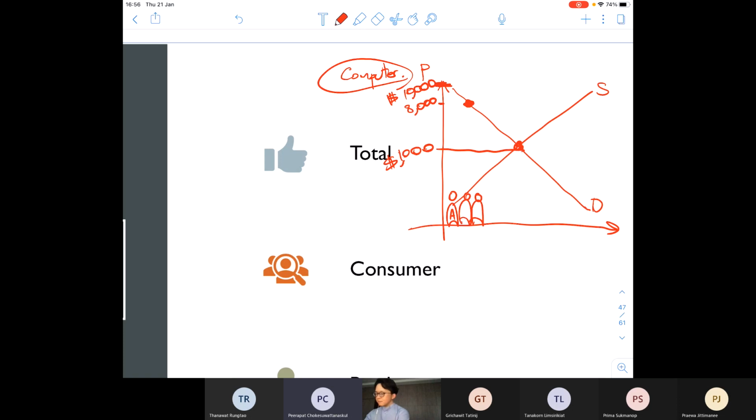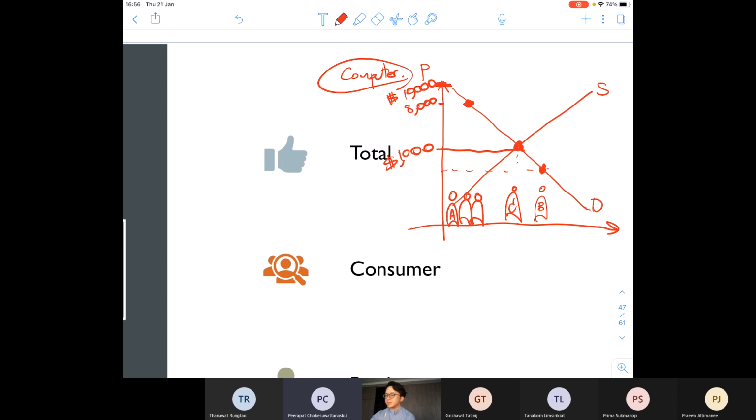In this case, it means that those consumers, let's say Mr. B here, who is willing to pay just less than that, would not be able to afford it, right? So essentially what happens in reality is this Mr. B won't purchase Apple. But Mr. C here, who is willing to buy at 1,000, would be able to buy it because the willingness to pay is essentially equal.